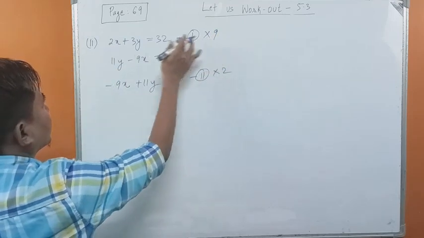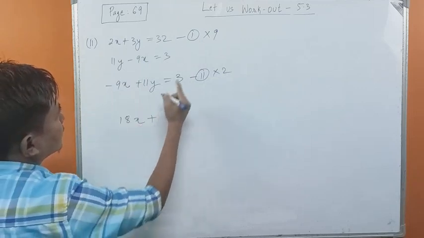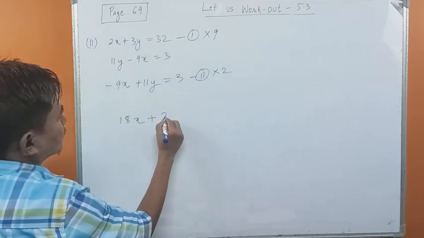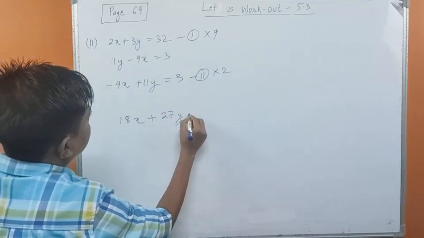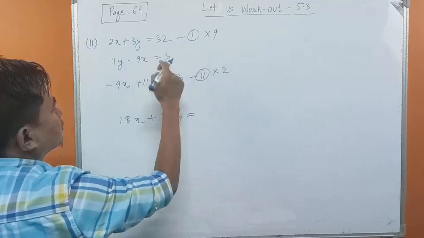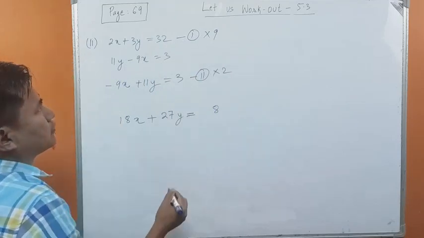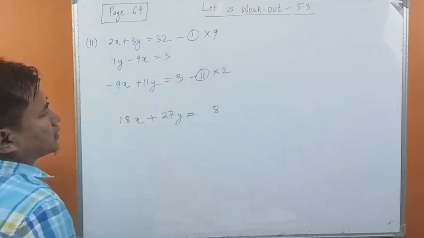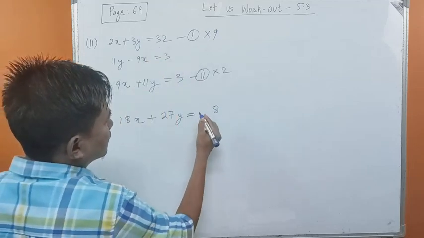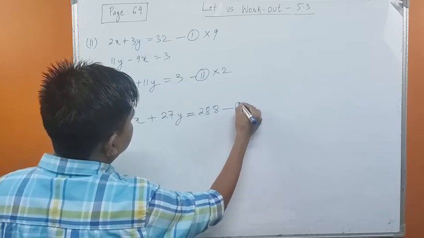Now 9 2s are 18x plus 9 3s are 27y equals 9 32s are. So 9 2s are 18, 8 and 1 carried over. 9 3s are 27, 27 plus 1 is 28. So this is 288, equation 1, isn't it?